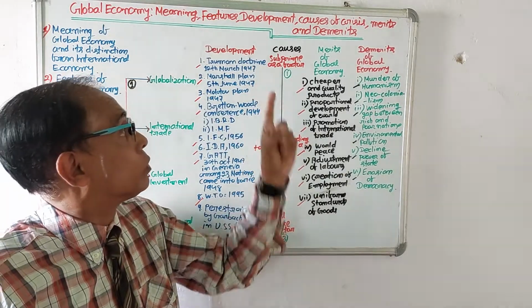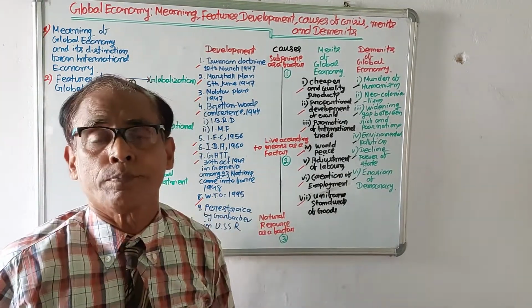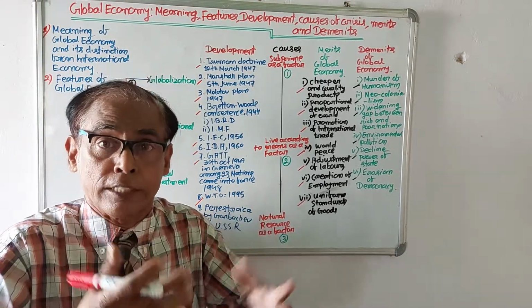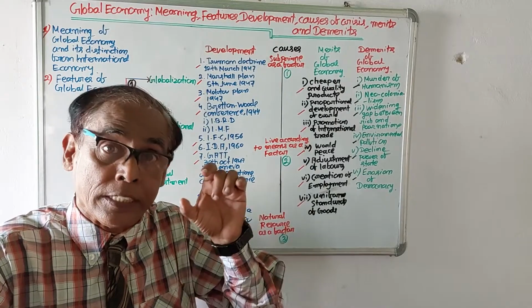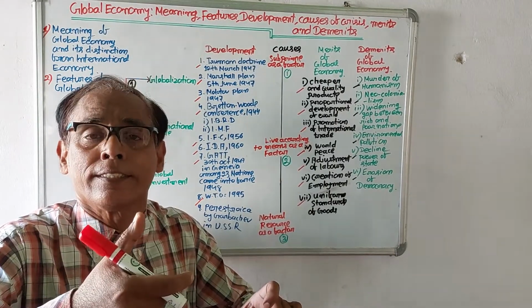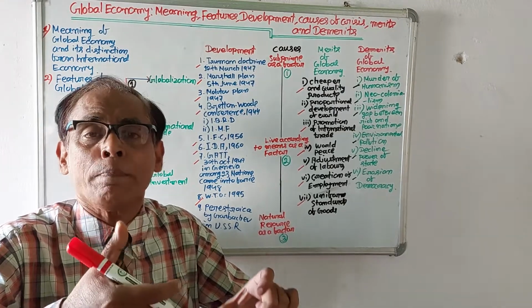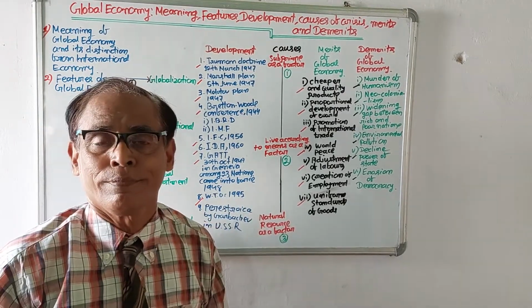So the subprime factor means sometimes international banks and finance institutions give loans to poor nations with risk by taking a high rate of interest. And sometimes they are unable to get their money.